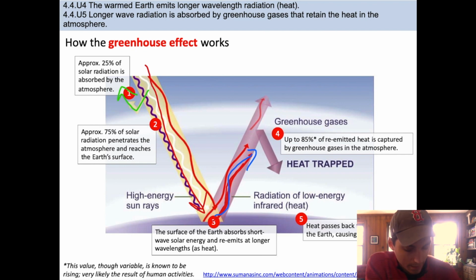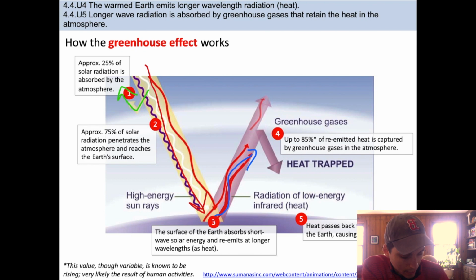When it gets re-emitted by the Earth as long waves now, the atmosphere is much better at absorbing those long waves. So now, instead of only absorbing 25% of the short waves, it's absorbing about 85% of these longer waves.